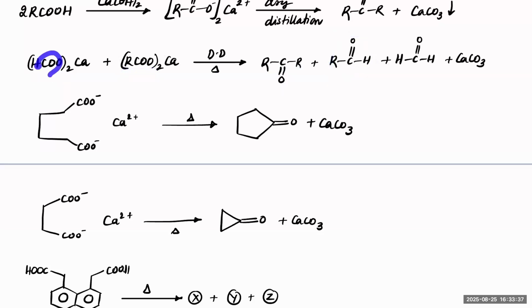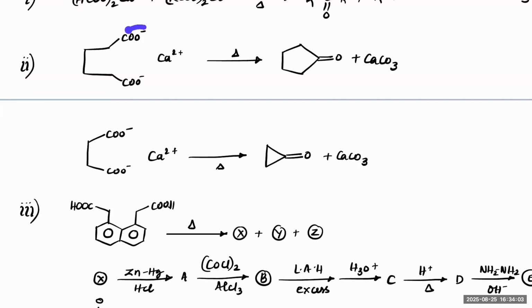So you'll get this one as HC=O plus, and this R- can connect. So that's how you'll get an aldehyde. This itself can undergo self dry distillation, so that will form an aldehyde. And lastly, you'll have calcium carbonate here. Got it? Clear?